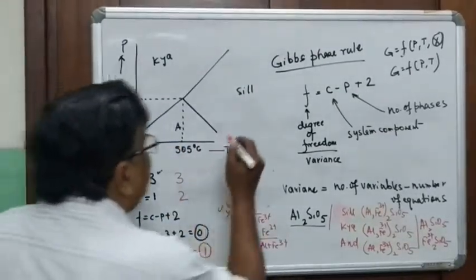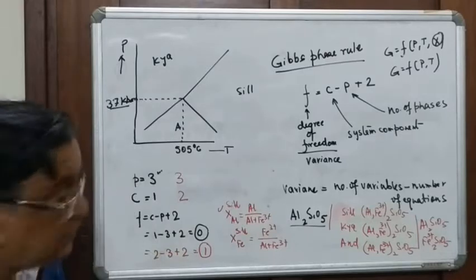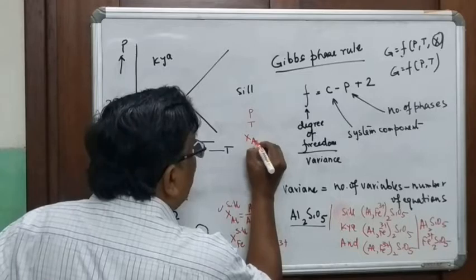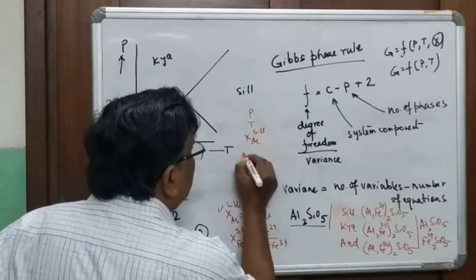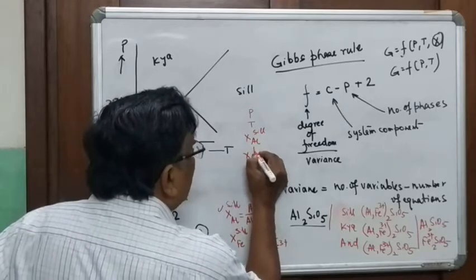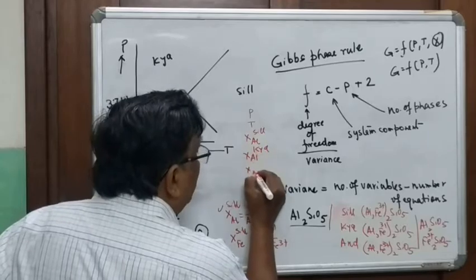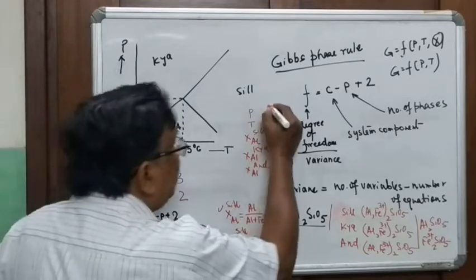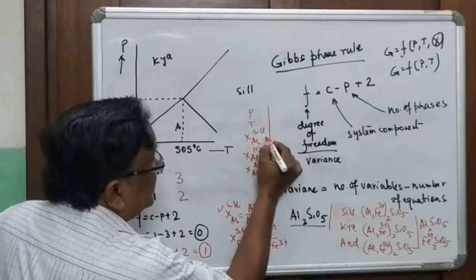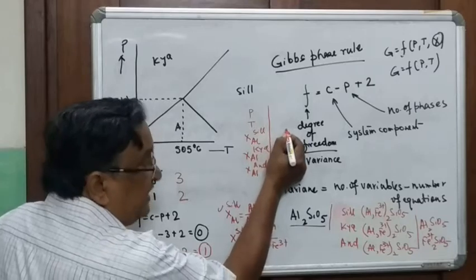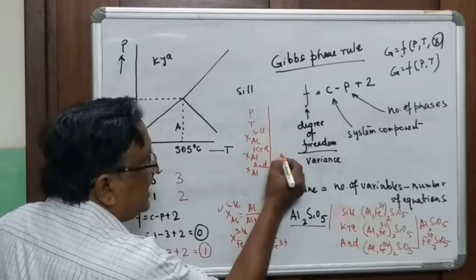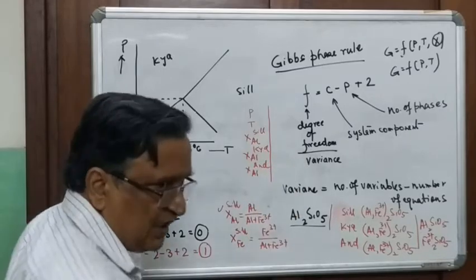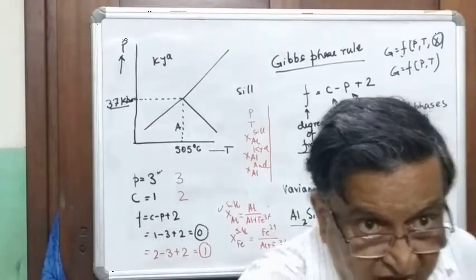So in this system, how many variables do you have? Pressure, temperature, XAl in sillimanite, XAl in kyanite, XAl in andalusite. There you go. You have 5 variables. Remember, this is 1 minus XFe in sillimanite, this is 1 minus XFe in kyanite, and this is 1 minus XFe in andalusite. So you have 5 variables.